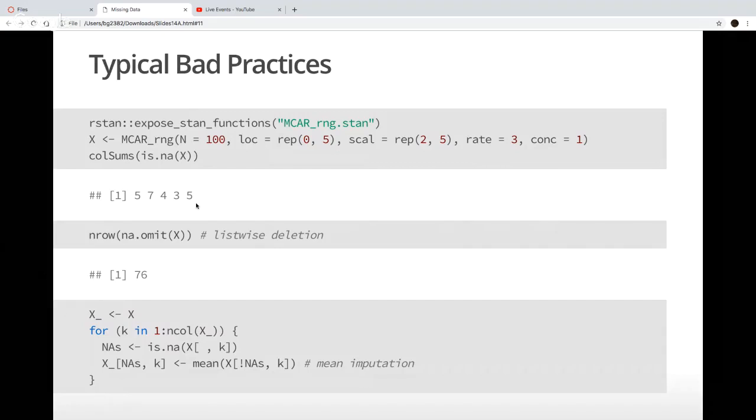But again, from a Bayesian perspective, this seems ridiculous, and it is, because you're putting in the mean of each variable wherever it was missing, and then using that X in a regression or something like that. Are you as sure that the missing values are equal to the means as you are that the observed values are correct? You shouldn't be.